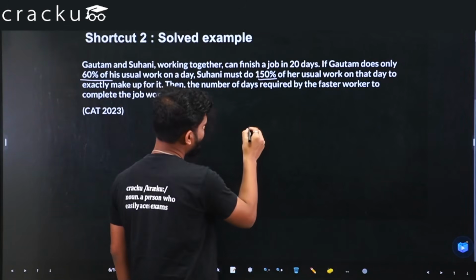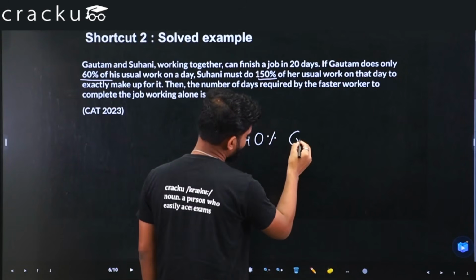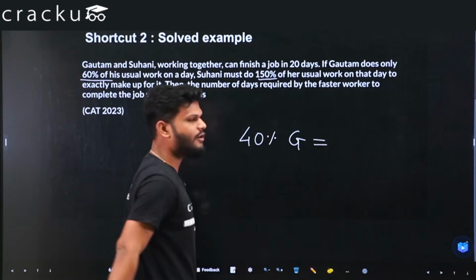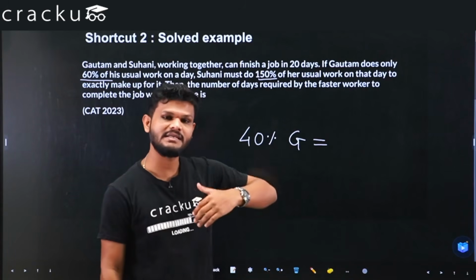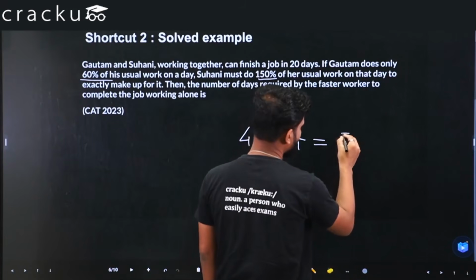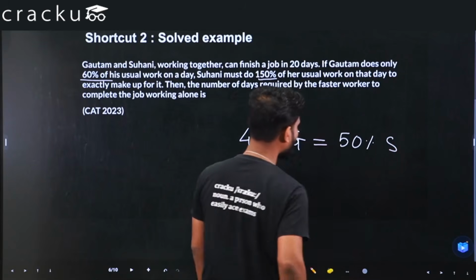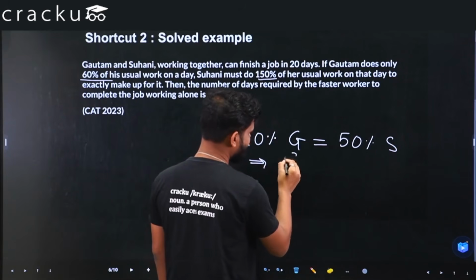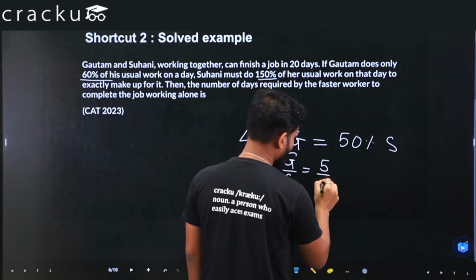Deficit is 40% of Gautam's efficiency. And to make up for this deficit, Suhani is working 150%, so 50% extra she is working. So 40% of G is equal to 50% of S. So I can say G by S is nothing but 5 by 4.